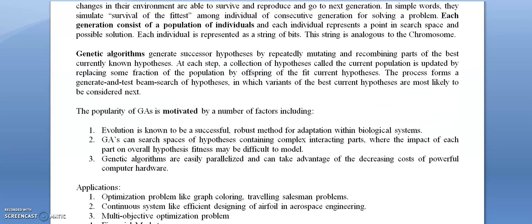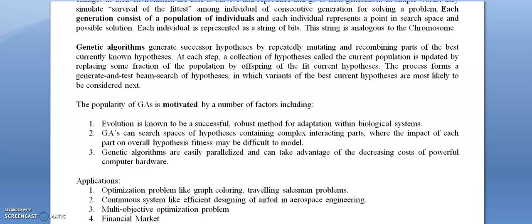Now, what are the factors that motivated the use of genetic algorithms? So here, evolution based approaches are known to be successful and robust methods for adaptation within biological systems. And secondly, GAs can search spaces of hypotheses containing complex interacting parts.